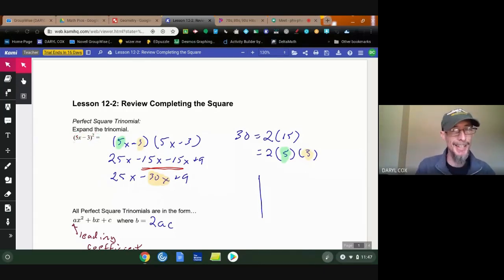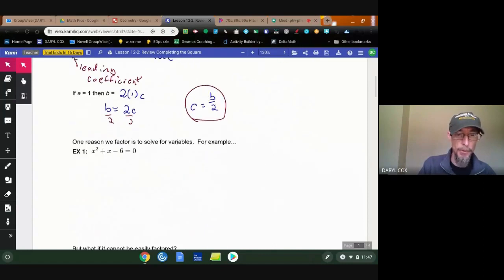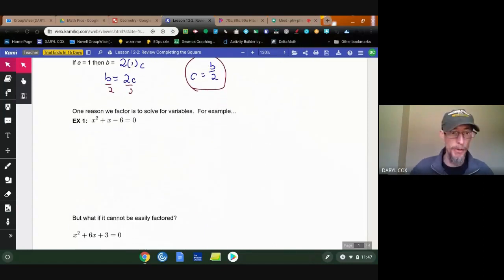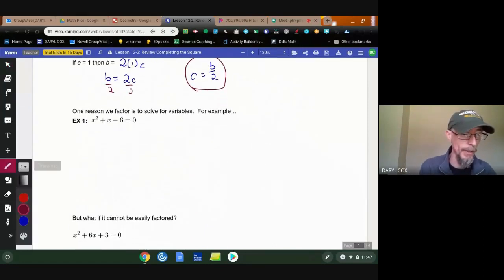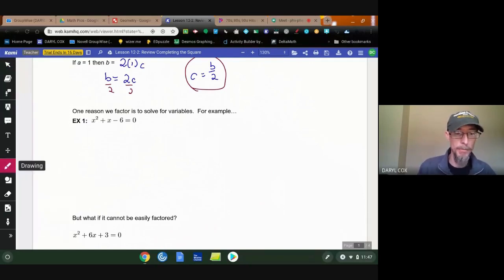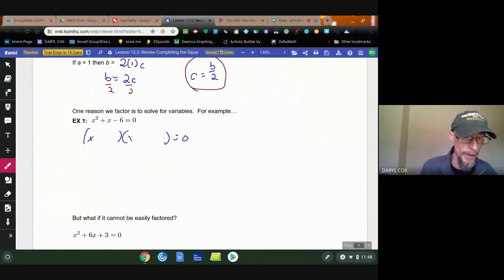That's a term from your algebra class that hopefully you remember. How can we make that happen? Well, let's talk about factoring first and why we even want to factor. One of the key reasons to factor is it allows us to solve problems. So like this problem here, if I factor this, I factor it into two separate parentheses, which we generally tend to do when we see trinomials.